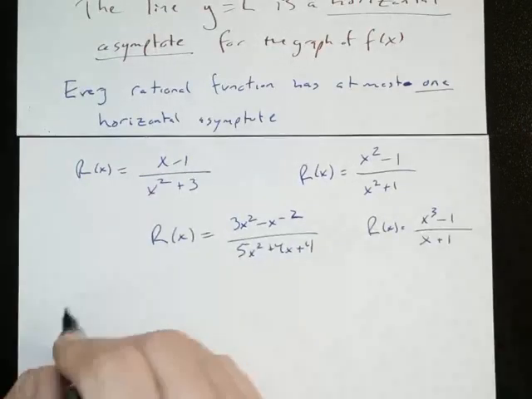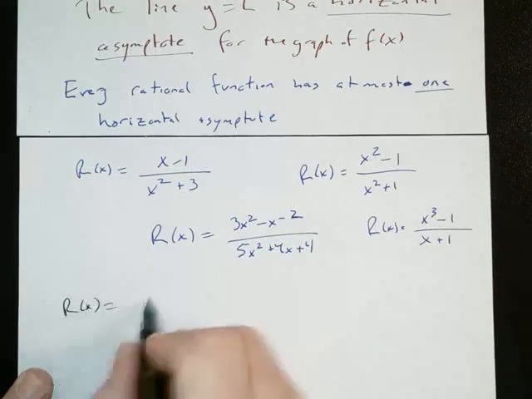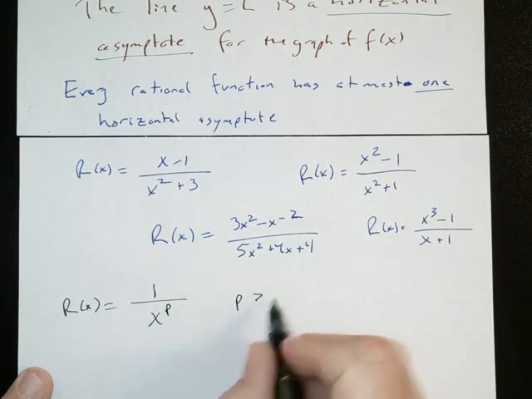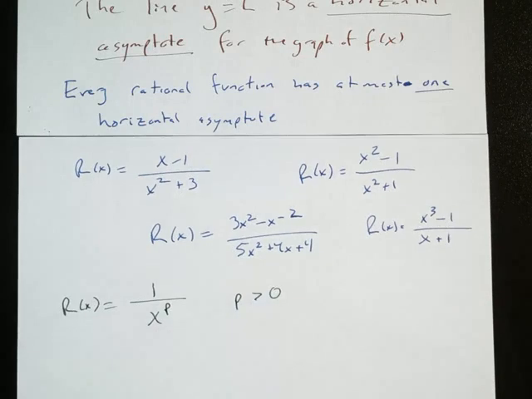Let's think about one over x to a power p, where p is any positive number. As x gets bigger and bigger, what happens to that?